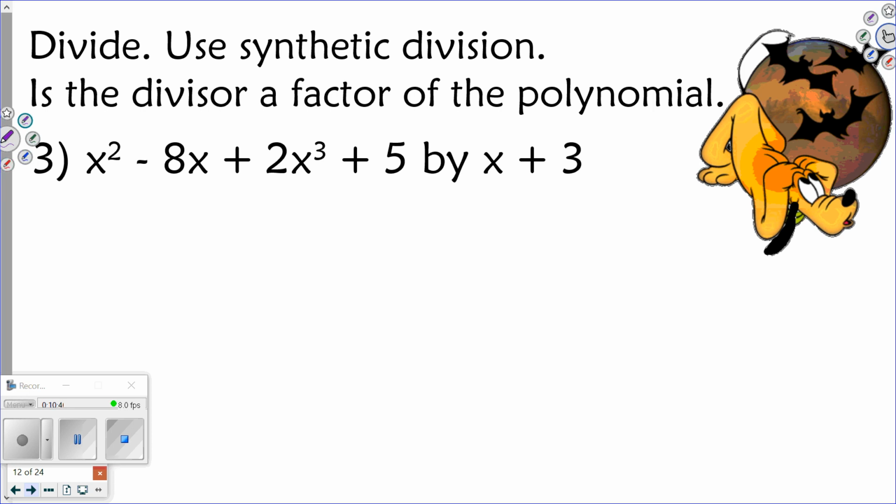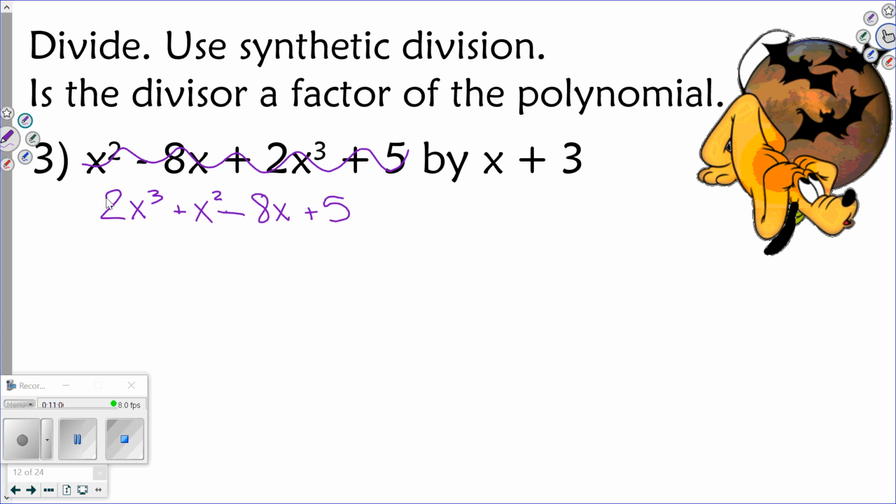All right, so divide, use synthetic division. Is the divisor a factor of the polynomial? Okay, so when we set this up, what do you notice right away of this problem? They're not in order. We need to make sure it's in order. So it should be 2x cubed plus x squared minus 8x plus 5.